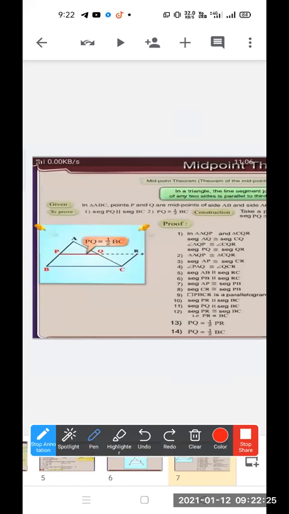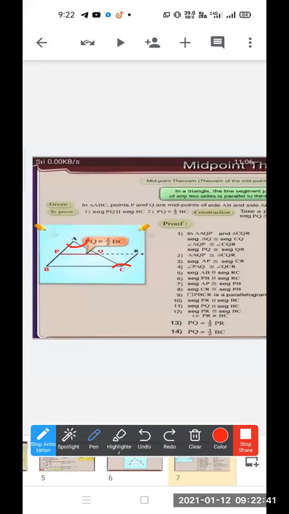Now angle PAQ is congruent to angle RCQ. Why are they congruent?